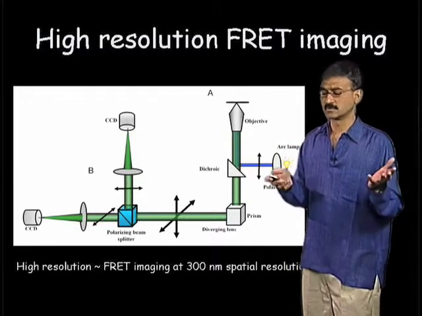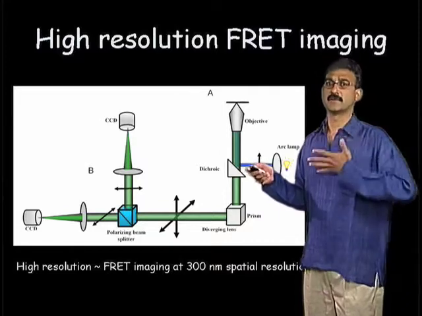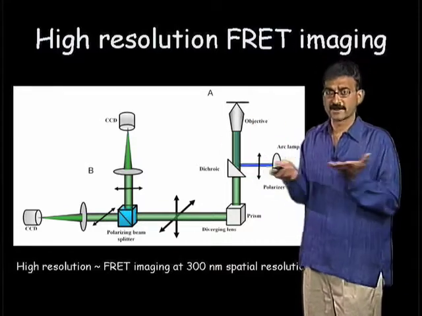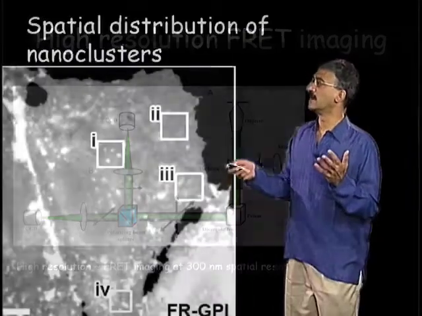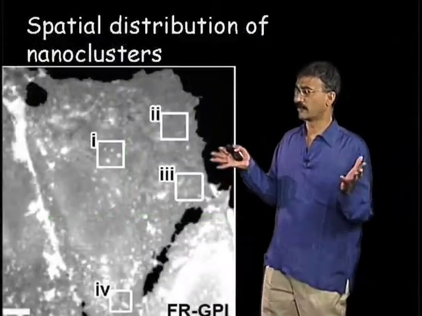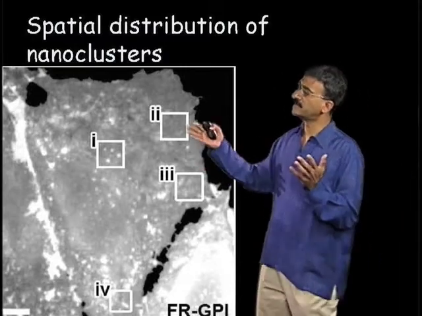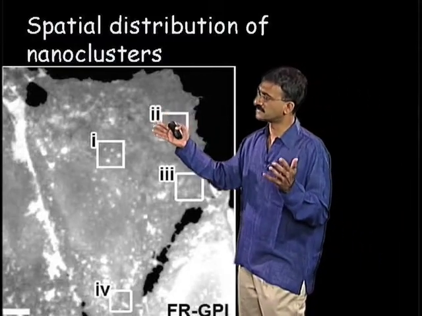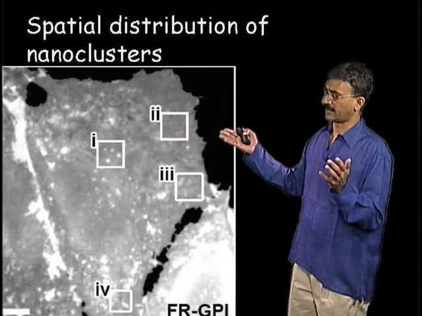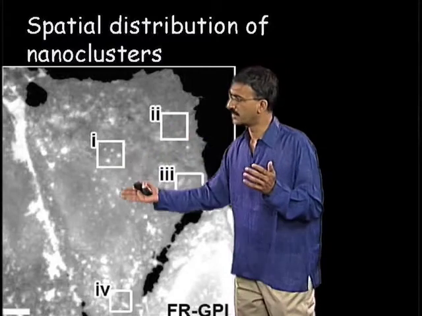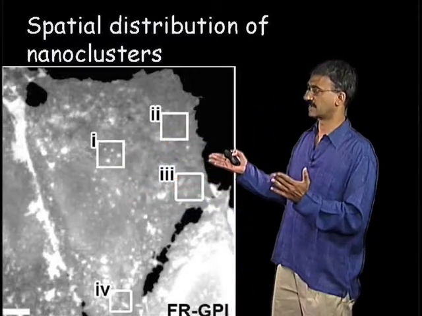And at this resolution, if we begin to image the FRET signals coming from these lipid-anchored proteins, specifically GPI-linked proteins at the surface of living cells, we see the following. So in living cell membranes, here is the fluorescence intensity distribution of these GPI-linked molecules at the surface of a mammalian cell, a Chinese hamster ovary cell in this case.